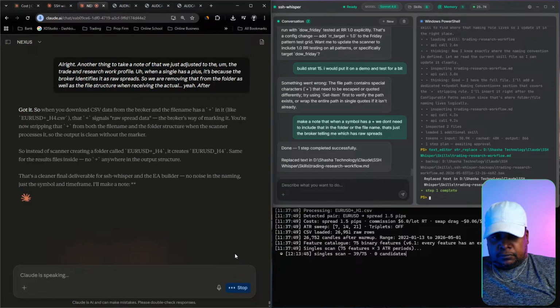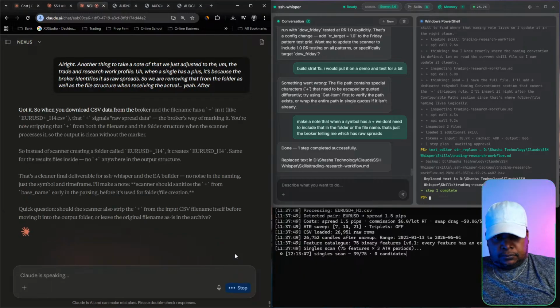Got it. So when you download CSV data from the broker and the file name has a plus in it, like EURUSD plus H4.CSV, that plus signals raw spread data, the broker's way of marking it. You're now stripping that plus from both the file name and the folder structure when the scanner processes it, so the output is clean without the marker.